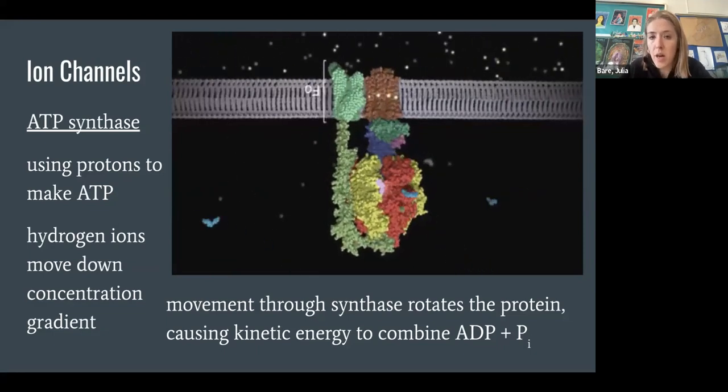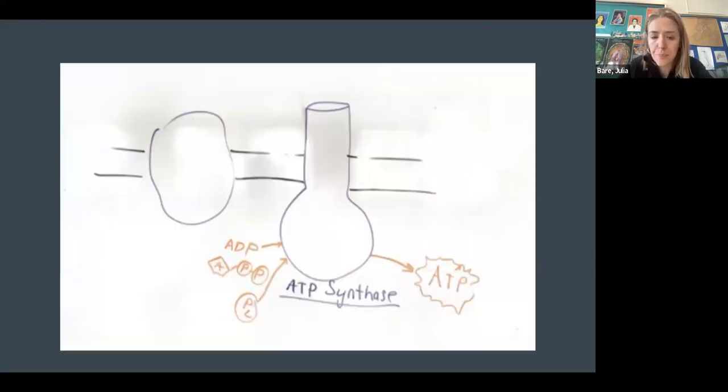Well, how is it going to do that? Well, I'm going to come back to this image, and I'm going to simplify this diagram, okay? I've included here two proteins, but we're going to start just by looking at ATP synthase. So that's this guy here. ATP synthase is going to take ADP, adenosine diphosphate, adenosine with two phosphates smushed to it, and it's actually going to smush another inorganic phosphate onto it.